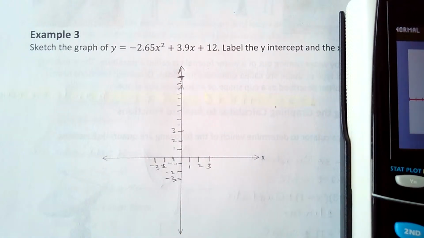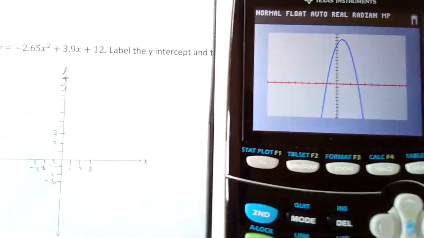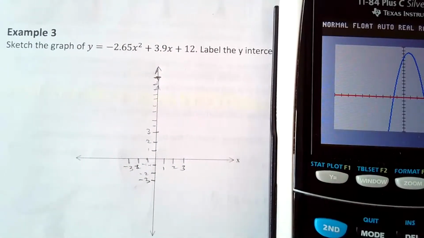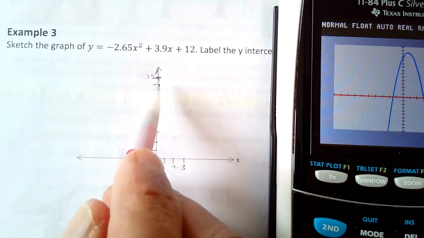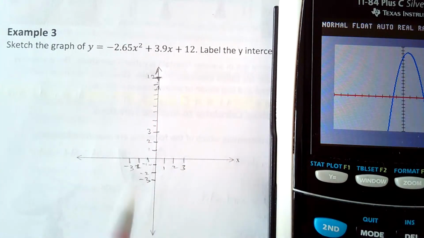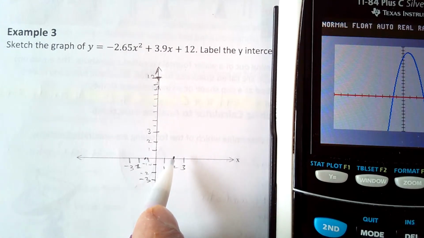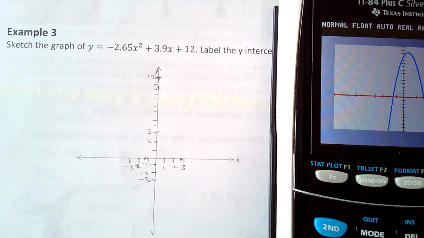So let's sketch it right now. So here is 12. The graph is going through there, and it's going between 1 and 2, and between 2 and 3, close to it. And it's going down.